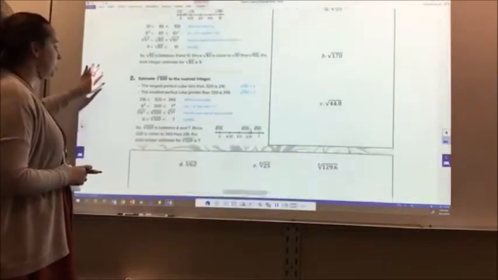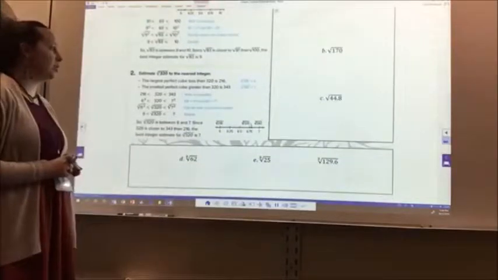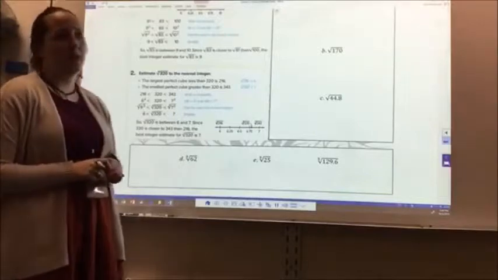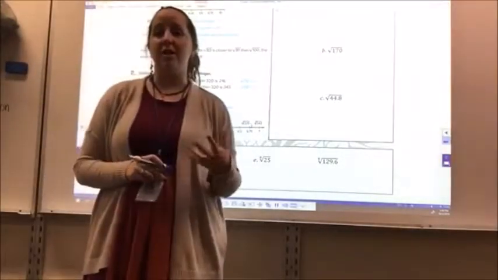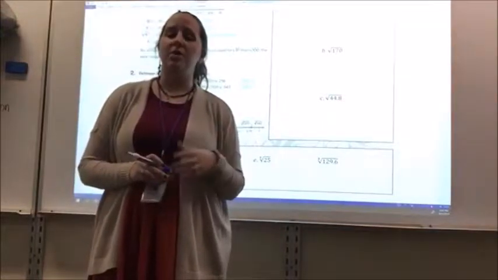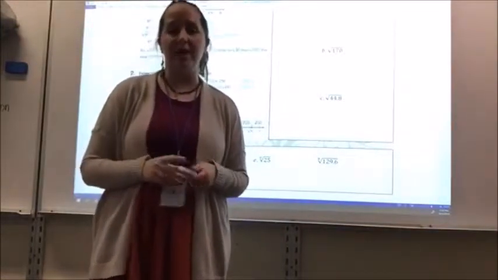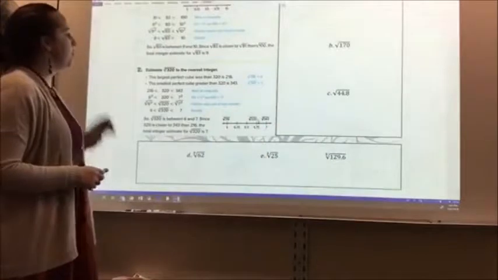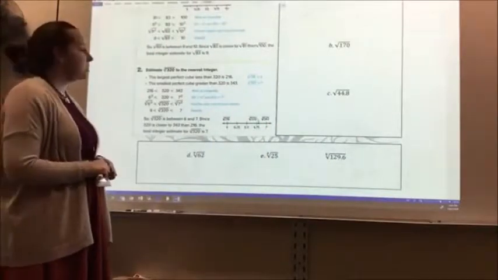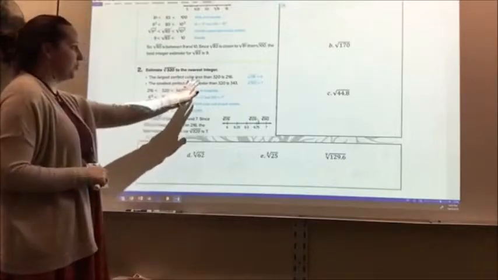For number 2, I have a cube root: estimate the cube root of 320 to the nearest integer. And this is when the chart that you have for the cube root lesson actually comes in handy, because you can go back and utilize that as well. So I pick a larger cube root, okay?